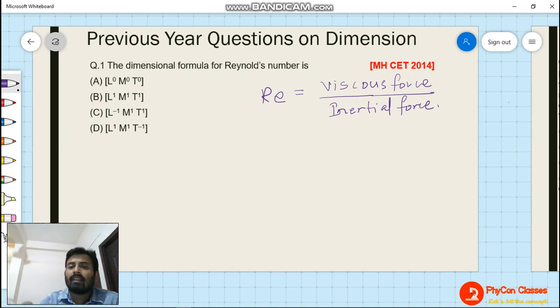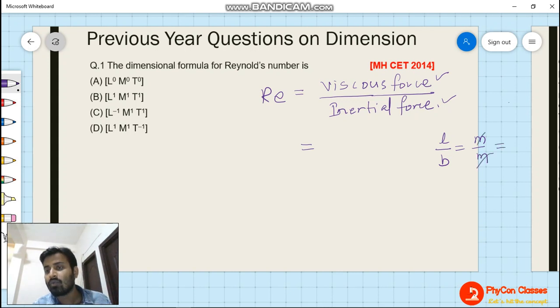Okay. So just look at the numerator and denominator. Both the quantities are force. Different kinds of forces are there, but both the quantities are force. If same quantities are divided, what is the resultant unit? Let's suppose I am dividing a length by another length, then the unit of length is meter divided by meter. So these two will cancel and the quantity will become unitless, right?